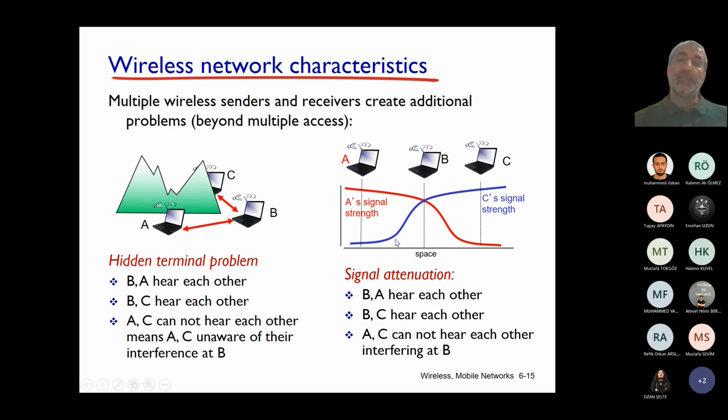Of course, it decreases, so when it reaches A, A cannot detect the signal. In other words, it cannot hear C. So that's why at this point, at B, both A and C create an interference. This problem is called the hidden terminal problem. It's one of the most popular problems in wireless networks.